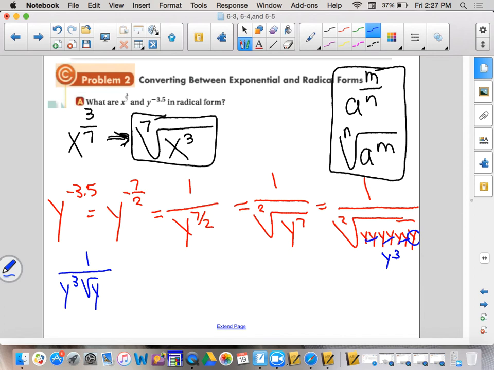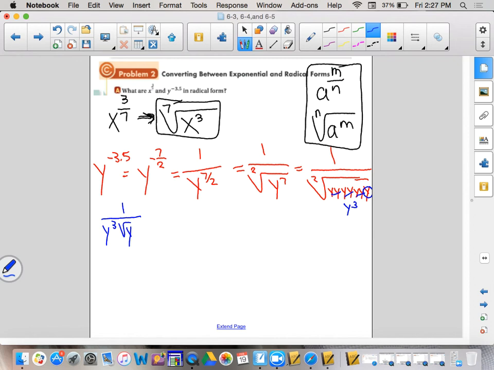Now, let's go back to 6-3 for just a second. What can I not have in the denominator of a fraction? A square root. What do I have to do to get rid of that? We need to rationalize the denominator. Correct? So I want to get rid of this square root. What do I have to times it by over here to get rid of it? Itself. I'm also going to times the top by the same thing too.